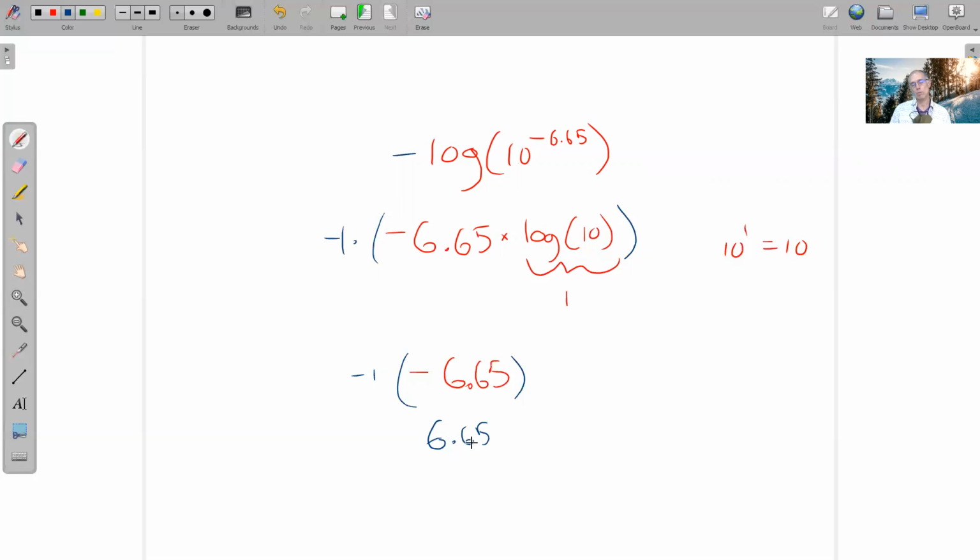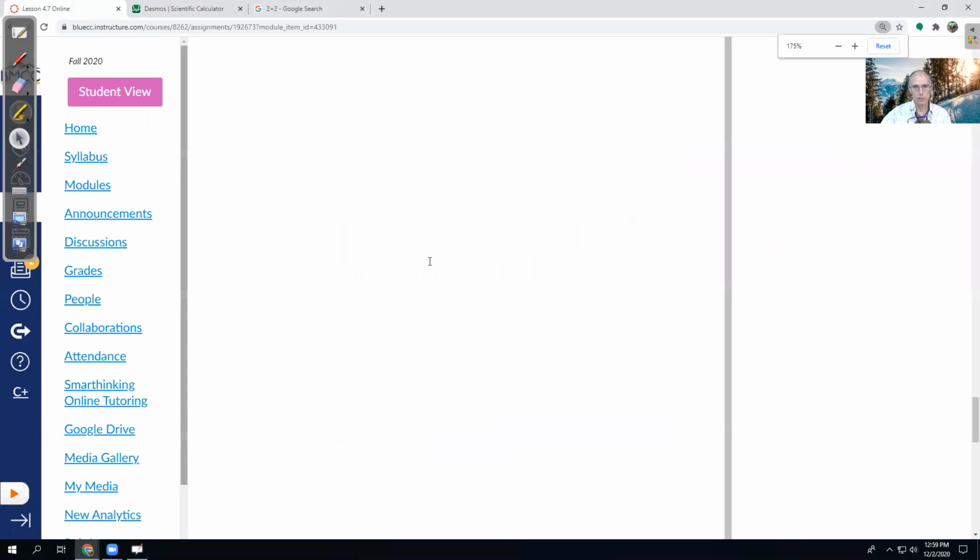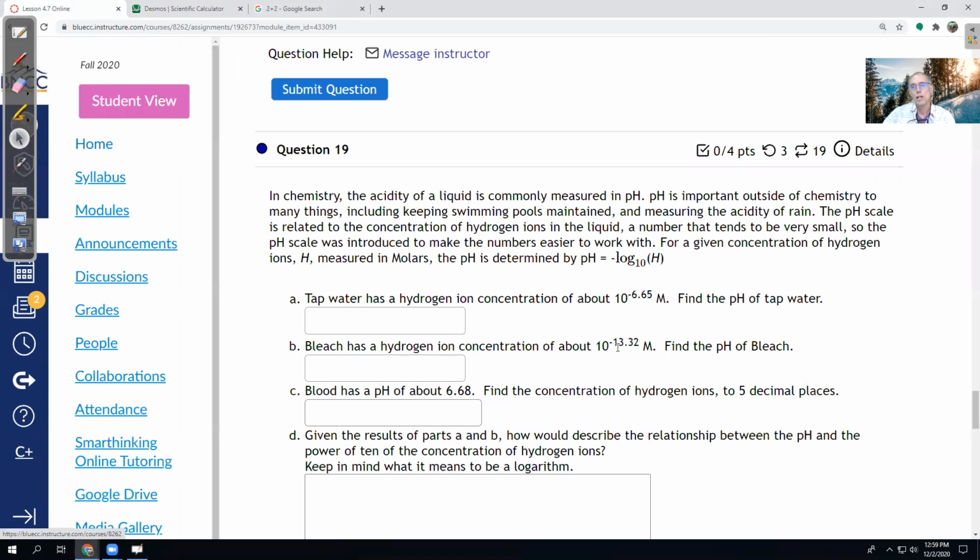So this problem is doable without a calculator just because we're using a base 10 there. If that wasn't a base 10, we're out of luck. So just by looking at the next problem, since they're telling me the H is 10 to the negative 13.32, then that means the pH must be 13.32.